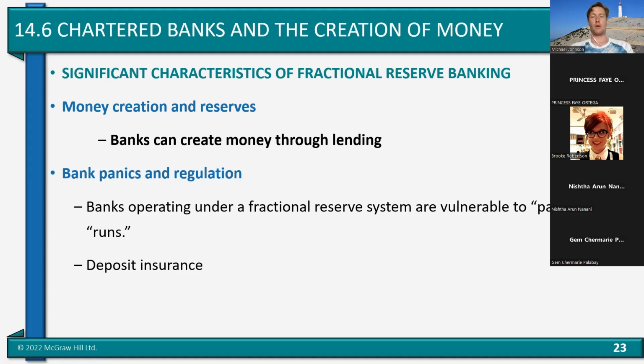Sorry, the Canada Deposit Insurance Corporation, CDIC, insures deposits up to $100,000, for the big banks in Canada.